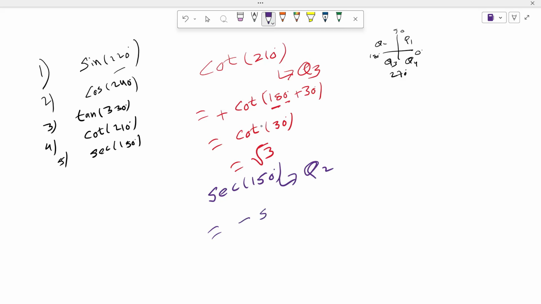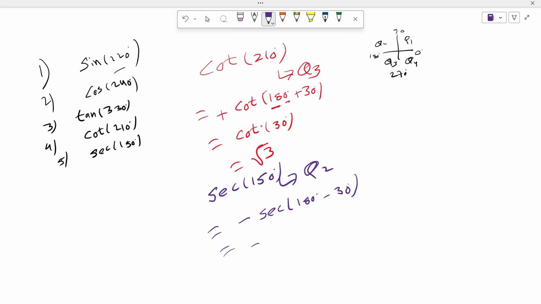Then we will split the angle into two parts. So 150 can be written as 180 minus 30. Can I write it like this? Because I want to get an even number here, so that the trigonometric function will not change. Of course, you can take 90 plus also, but I prefer only an even number here.